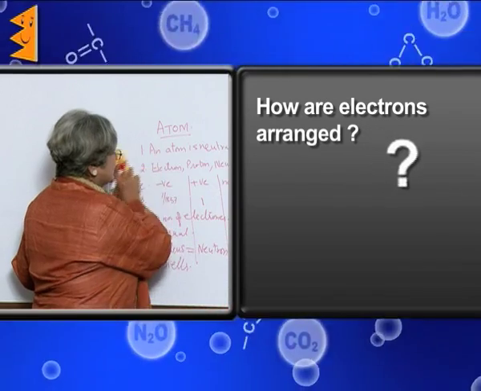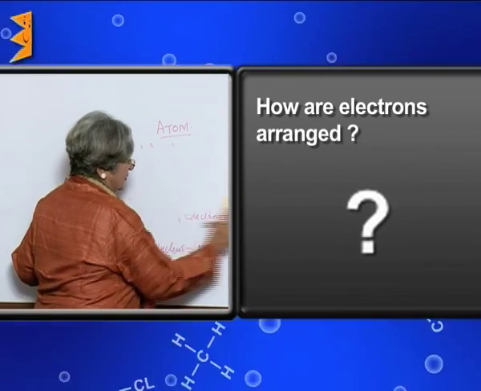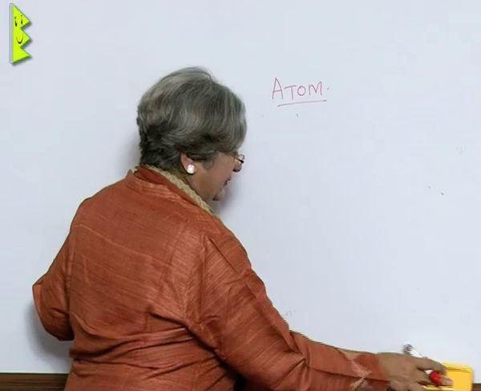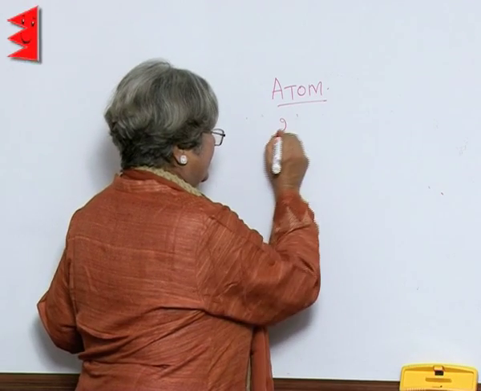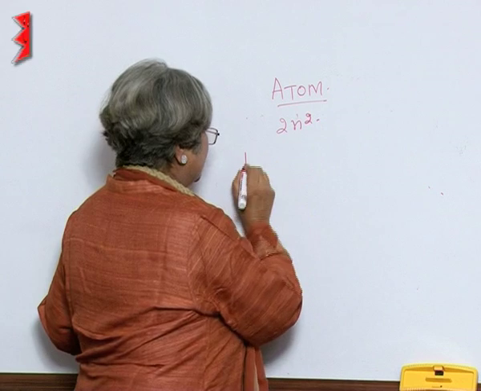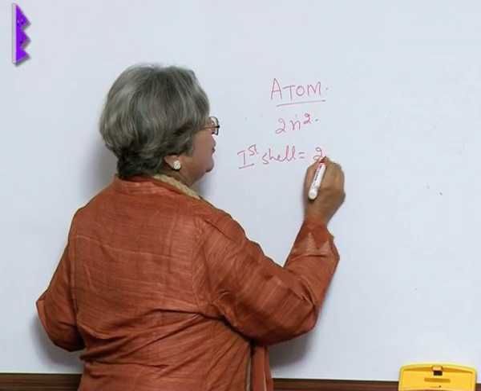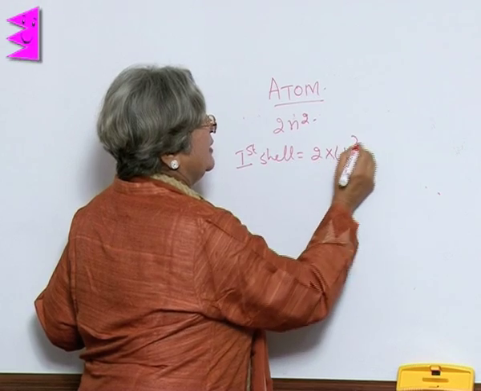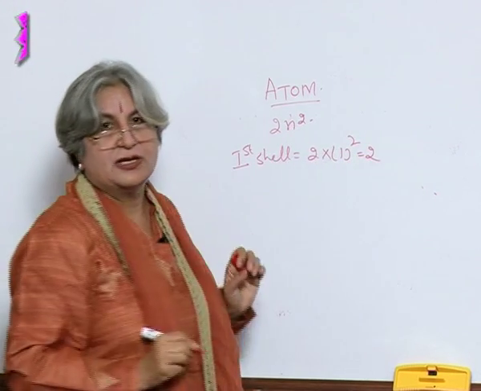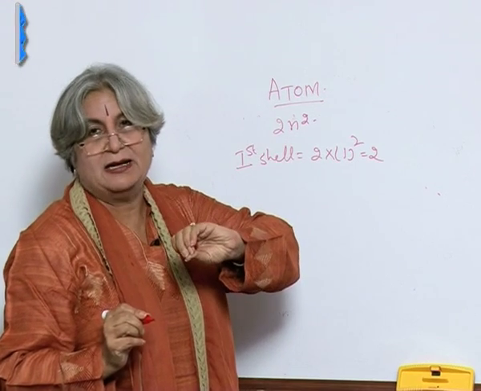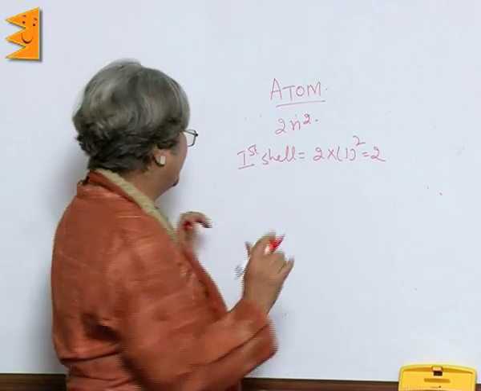For this, there is a simple formula, 2n square. Which means first shell will have 2 into 1 whole square, that is 2 electrons, which means every time the first shell, that is called K shell, will have 2 electrons.